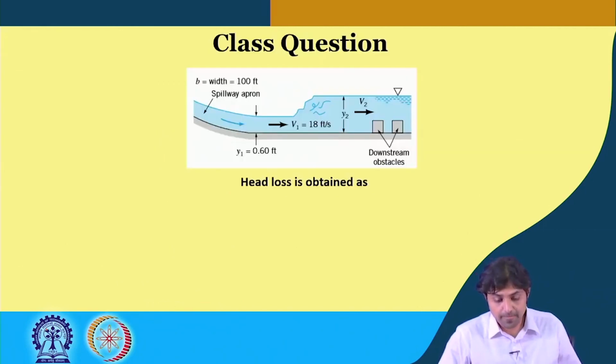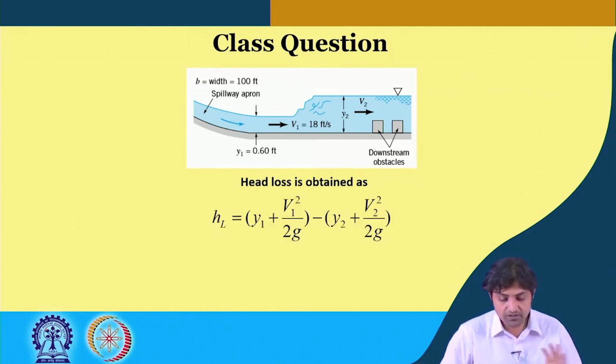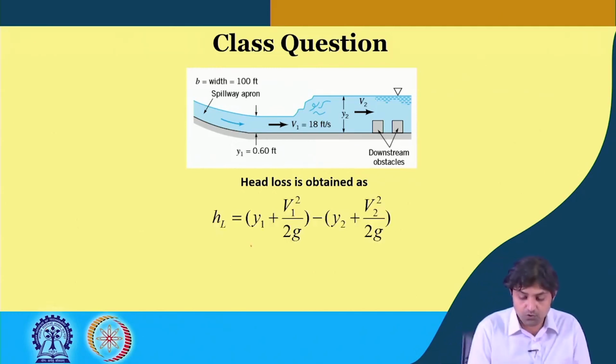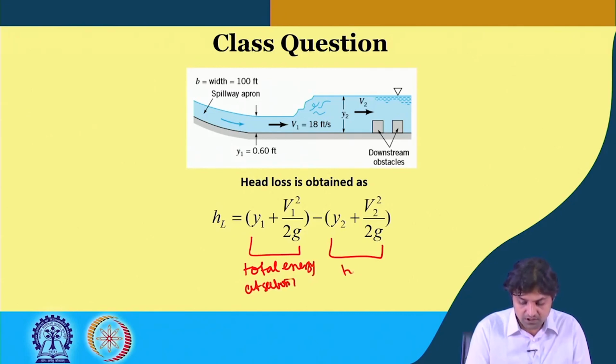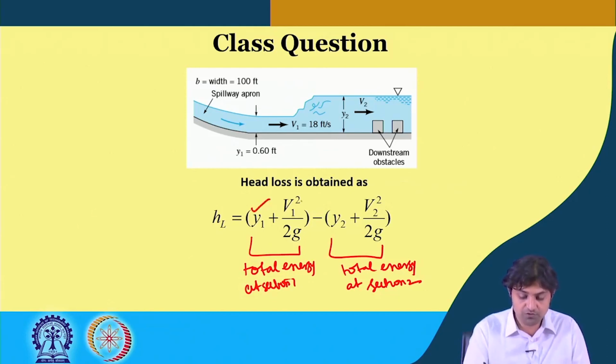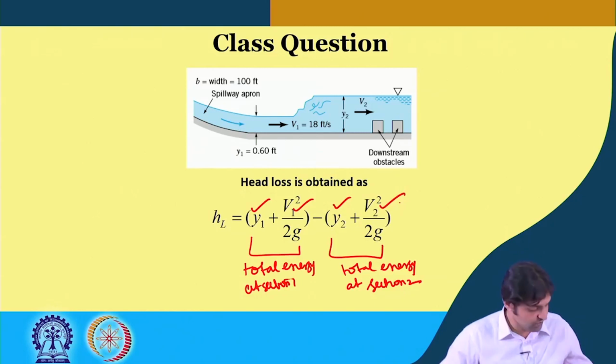All right. Now, we also have to obtain the head loss, that is, the energy loss. We simply use this equation, total energy at section 1 minus total energy at section 2. y1 we know from before, V1 we know from before, y2 we have calculated, V2 we have calculated.